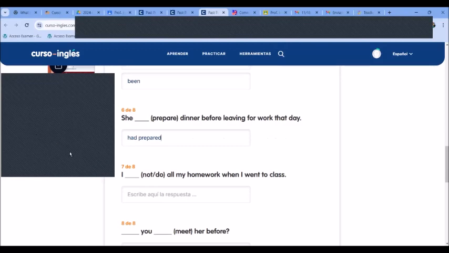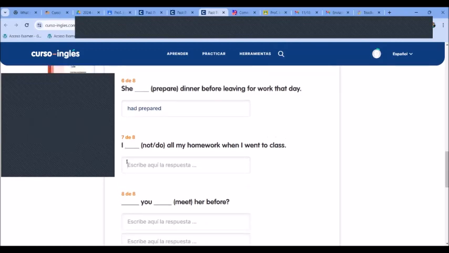Alma. I hadn't, perdón, es que estoy enferma. I hadn't done. Also irregular.